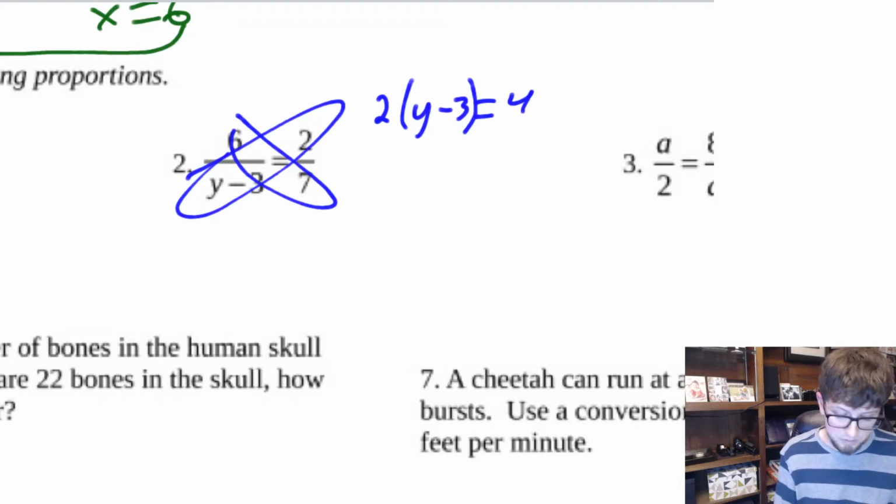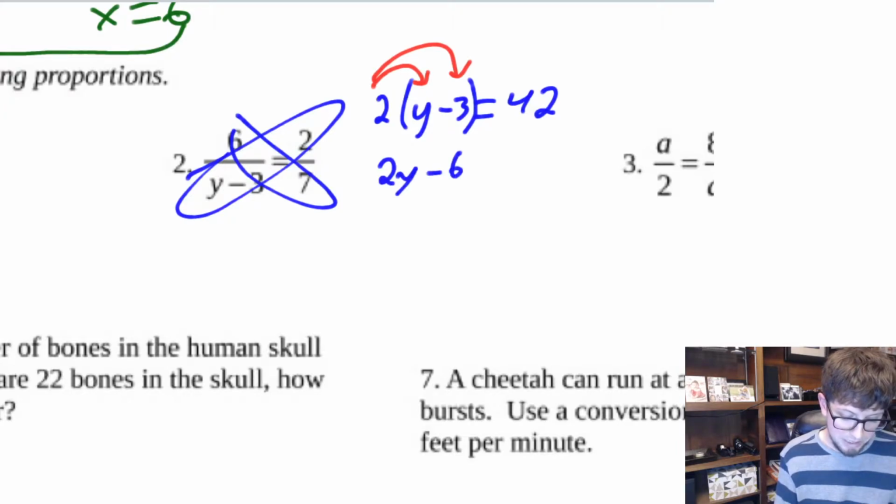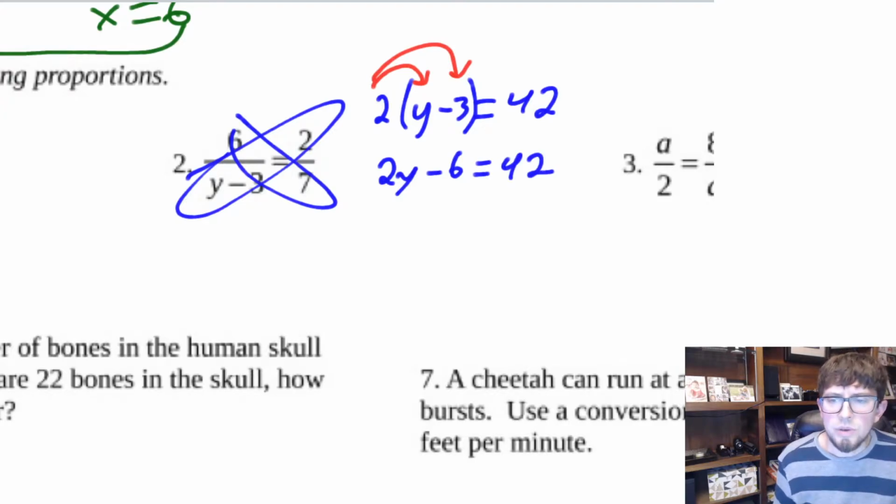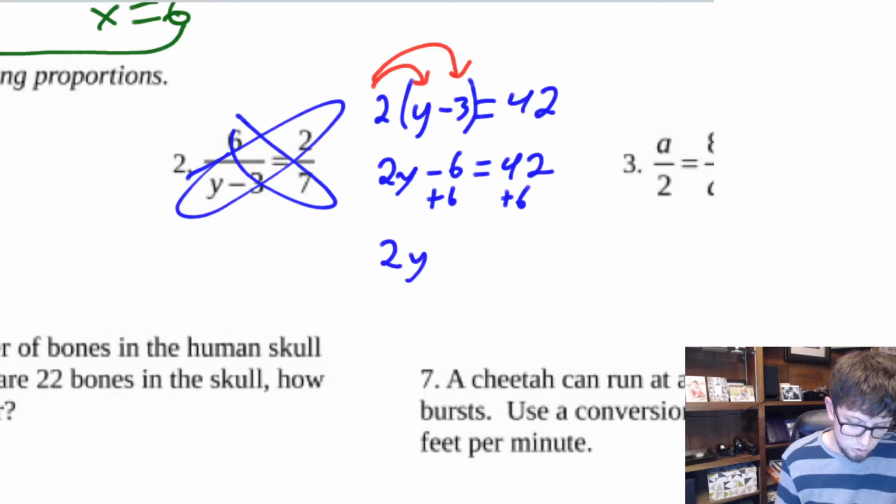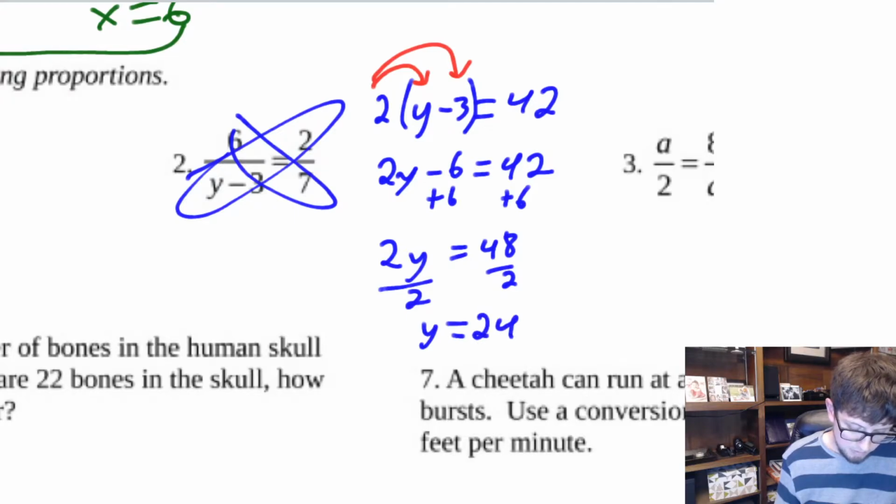And 6 times 7 is 42. So 2 times the quantity y, and 2 times negative 3 gives me 2y minus 6 is equal to 42. And we can solve this by adding 6 to both sides. So 2y is equal to 48. If we divide both sides by 2, we get that y is equal to 24.